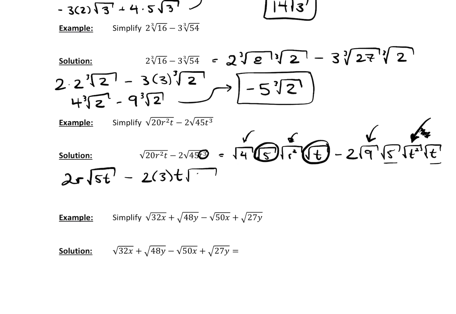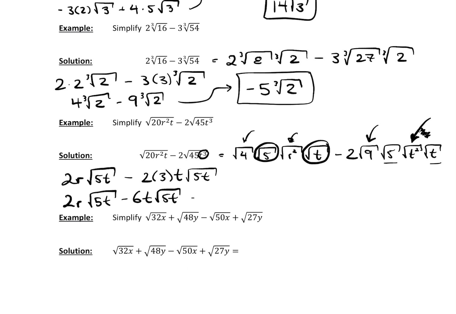So root 5t. So now what we have is 2r root 5t minus 6t root 5t. Now you can't combine those either, because 2r and 6t can't be subtracted from one another. It wouldn't make sense. You can't say 4r minus t.